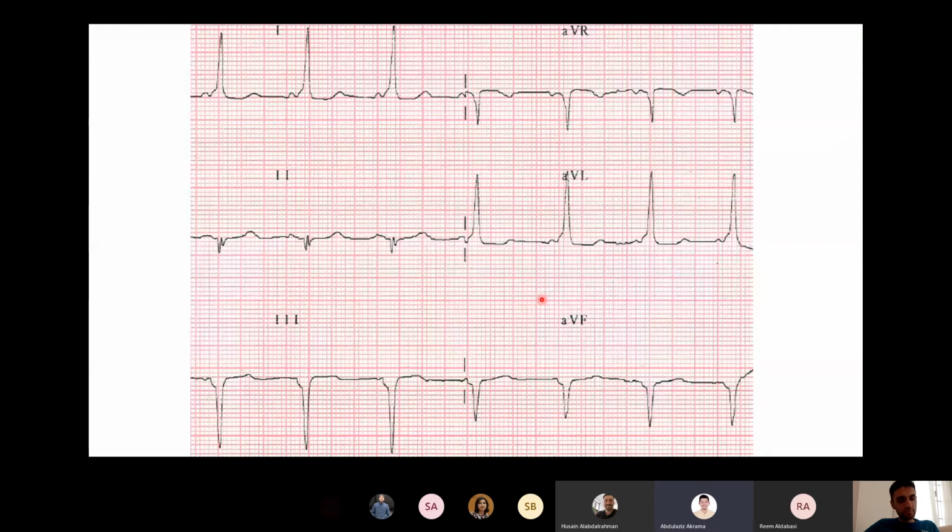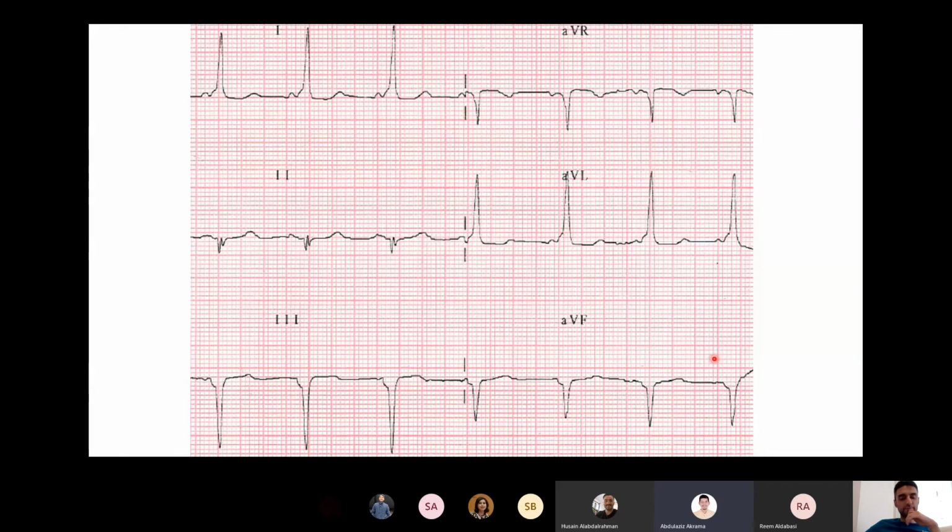Okay, so looking at the P wave, it looks like the axis is normal, so it is the sinus P wave. Yeah, so positive here. You don't see it well, but I agree with you. It's probably positive. Okay, next. Yes, it's probably sinus.